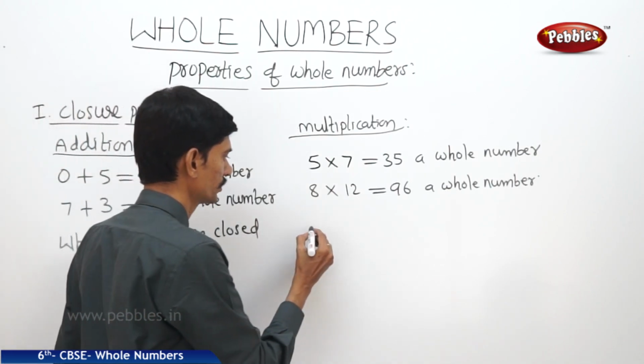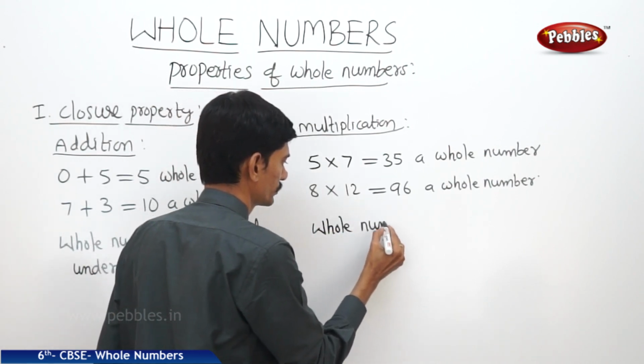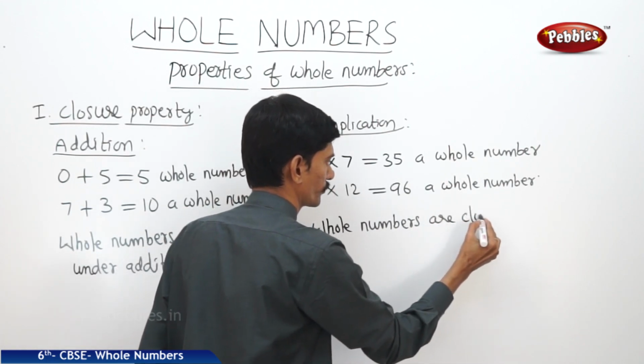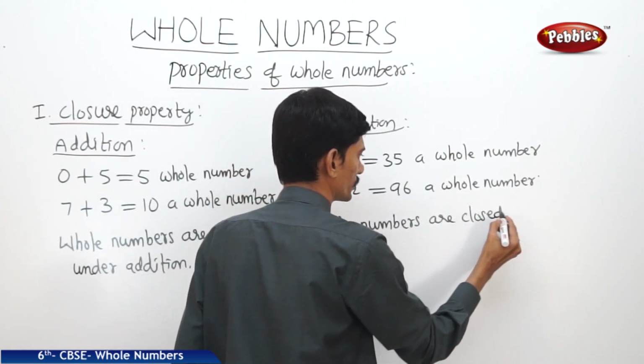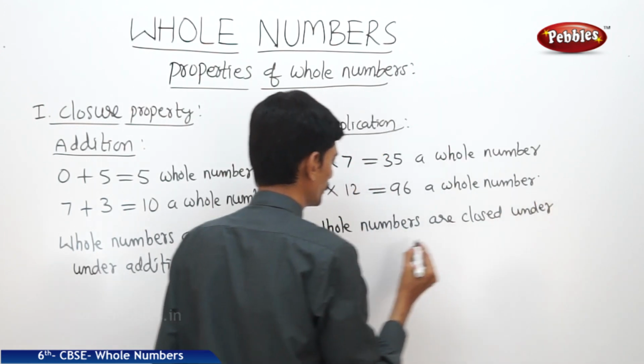So we can write that whole numbers are closed under multiplication.